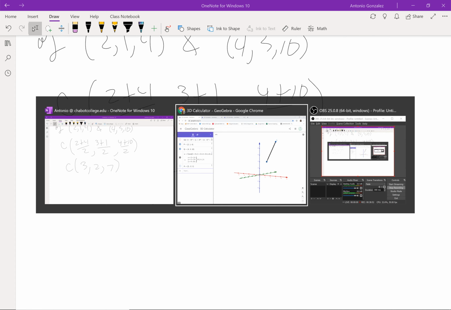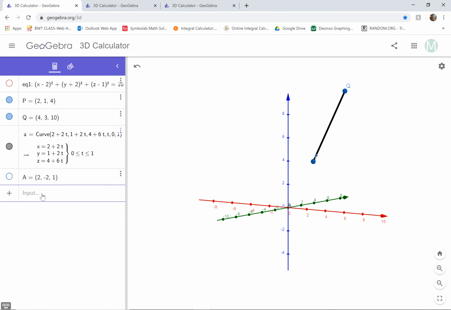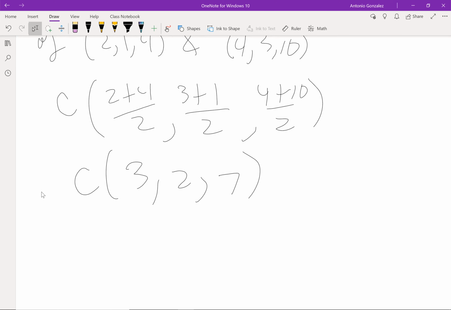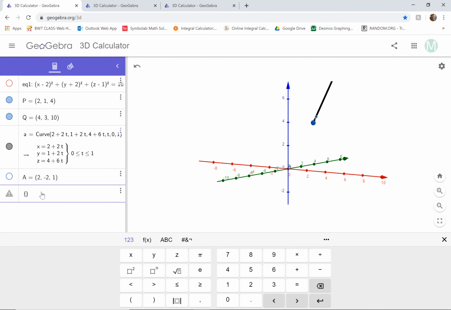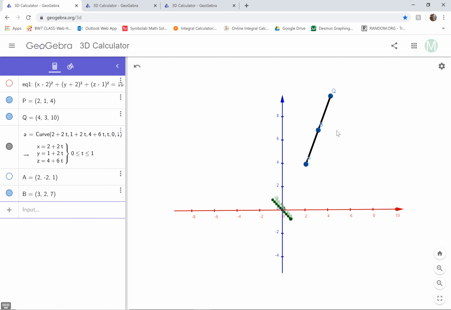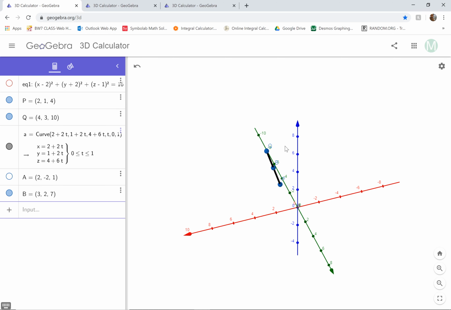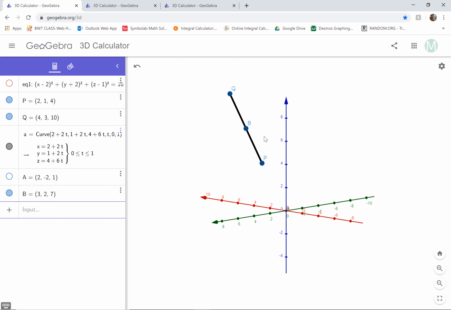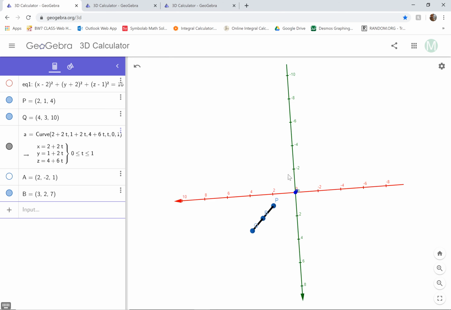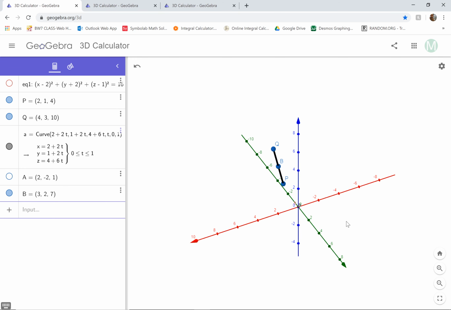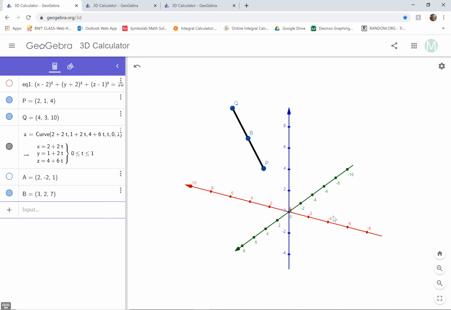Okay, let's plot that over here just to see that. What was it again? (3, 2, 7). Looking at that, that looks about right, just eyeballing it there, right? Okay, so that looks good here.